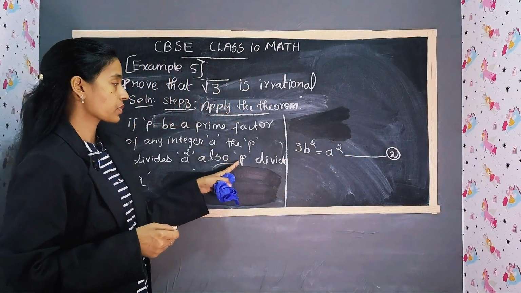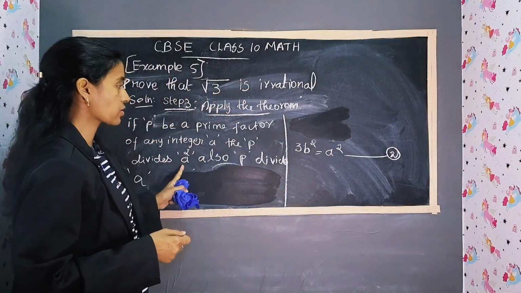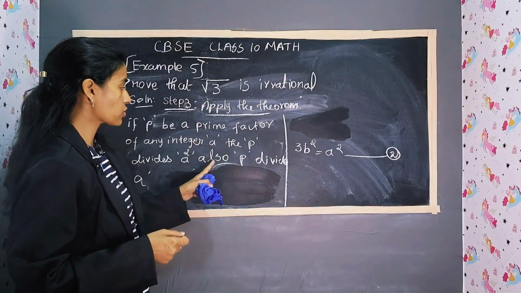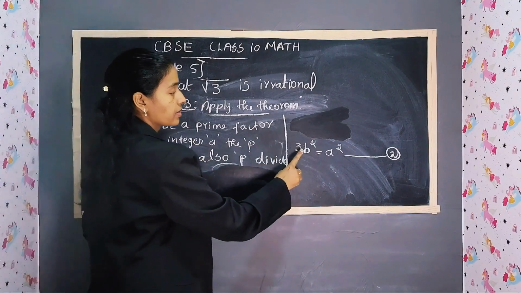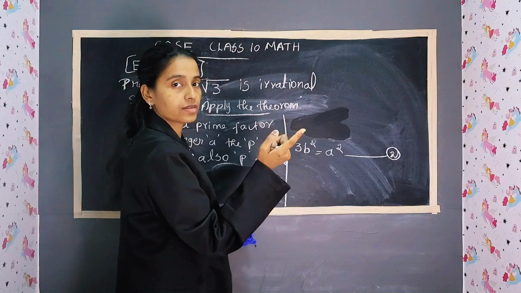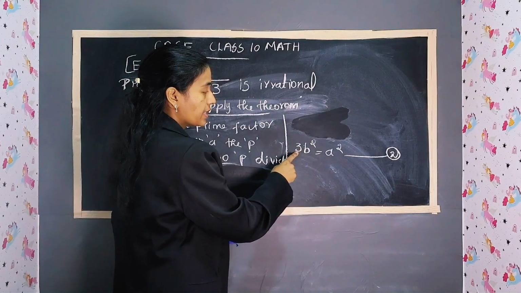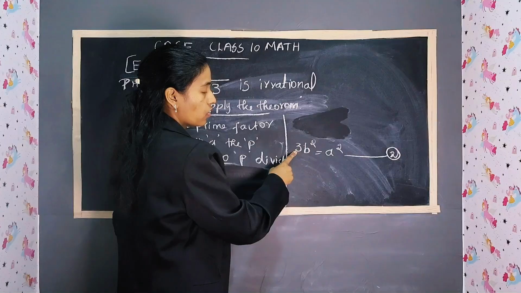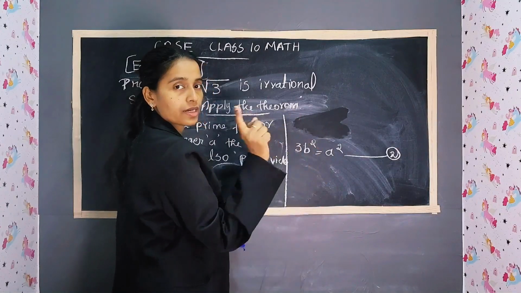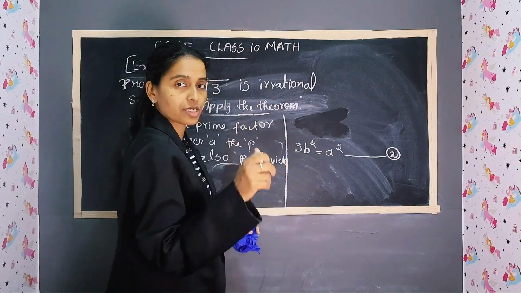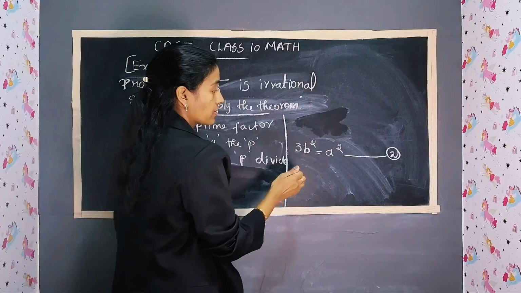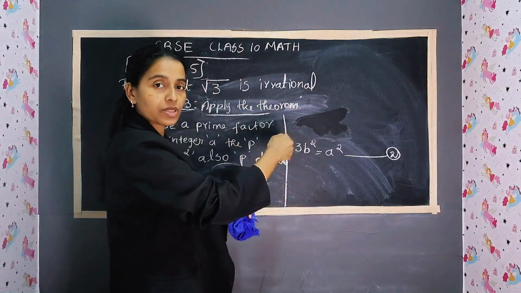Here, P divides A square. Also, P divides A. Here, we can take the prime factor as 3. Okay. This P divides A square and also this P divides A, right?